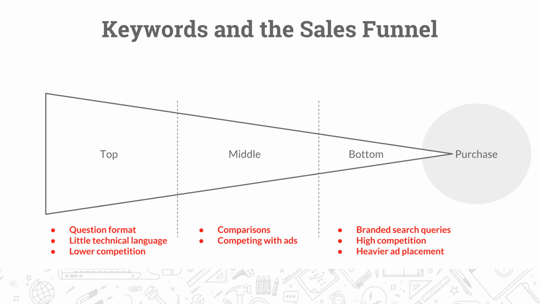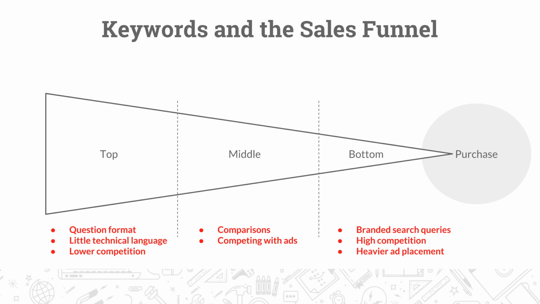They're not using the correct terms. So if you're in a highly technical field, the queries people use as they're trying to learn about their problem are not going to use the correct technical language. And there tends to be lower competition in the top of the funnel queries. You're not going to see a lot of ads because it's harder to target those people since they're such broad types of queries.